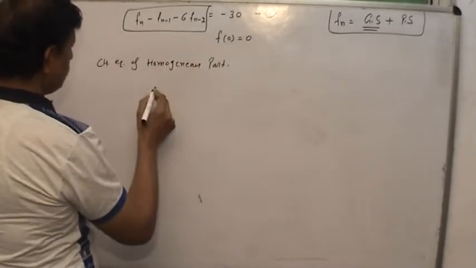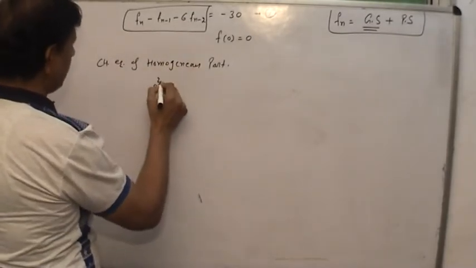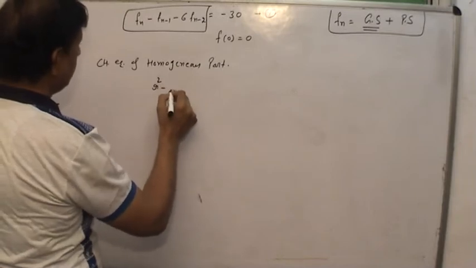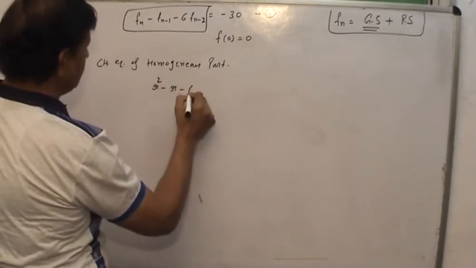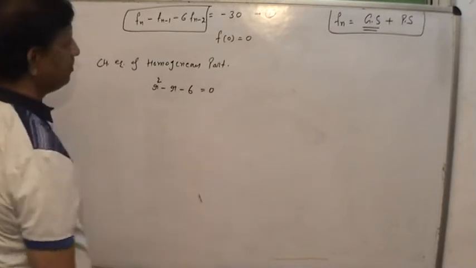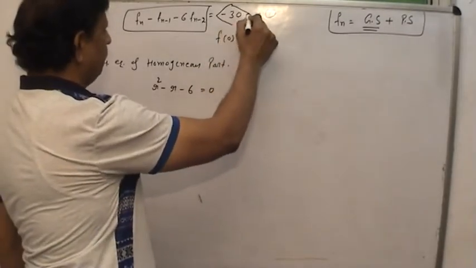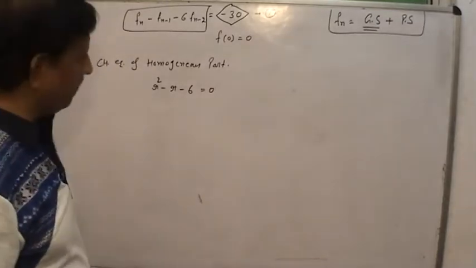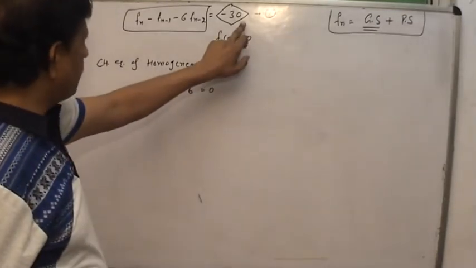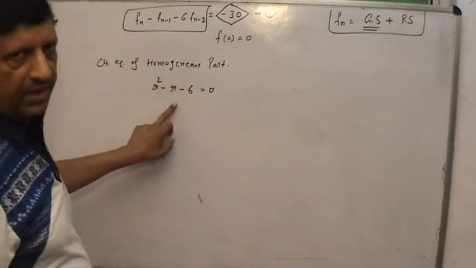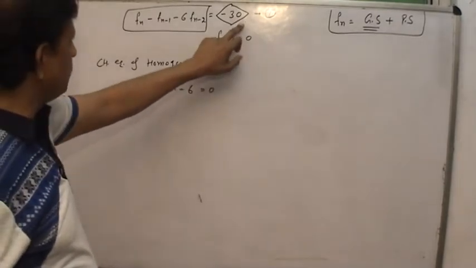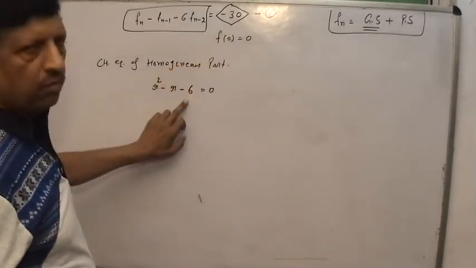Here its order is 2. It will become r square minus r minus 6 is equal to 0. Because this term minus 30 is a constant term and we cannot transfer it to this side. If we transfer this to that side, it will become 24.